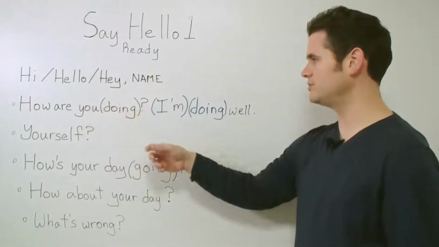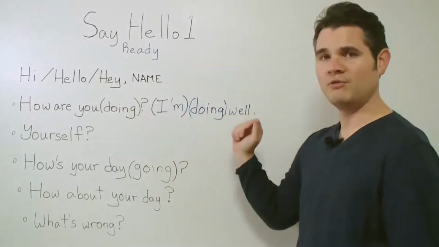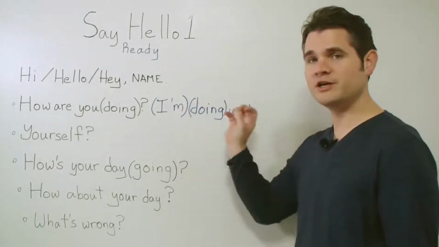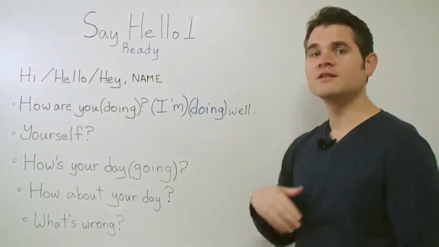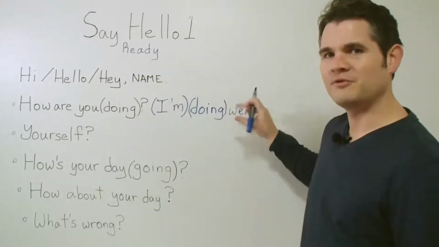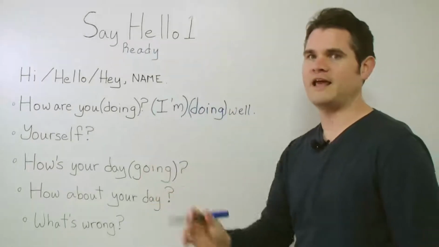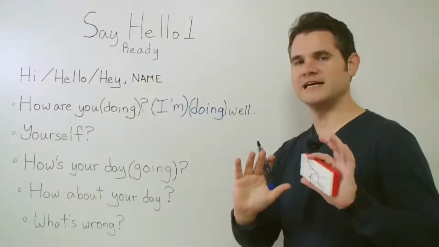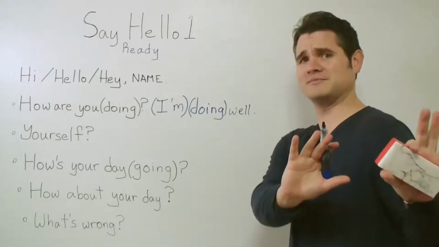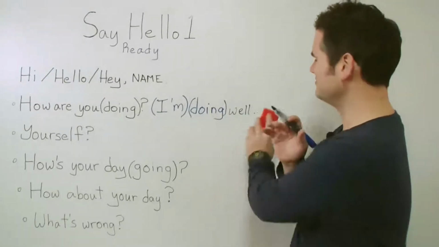So, how are you doing? I'm well. I'm doing well. I'm doing good. I'm good. So be very careful when you're giving one word answers to this question, because the other person may feel like this guy doesn't want to talk to me. So just remember that.